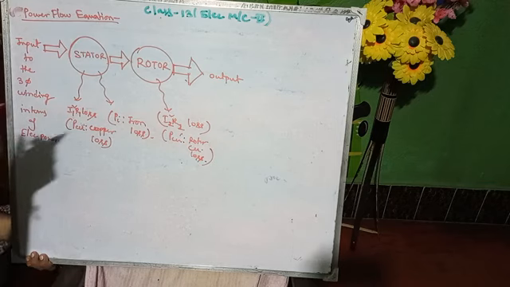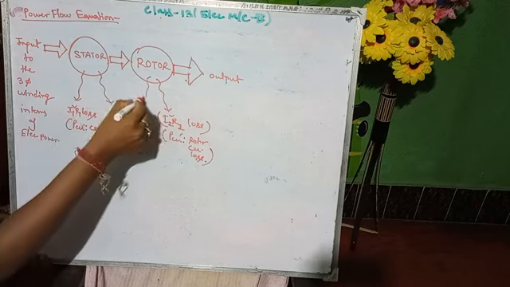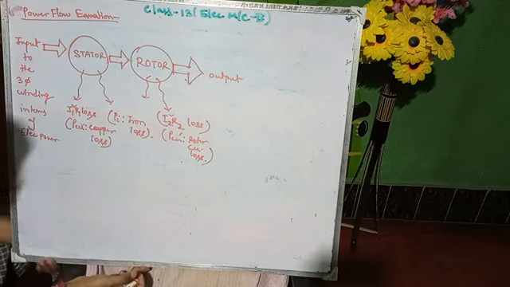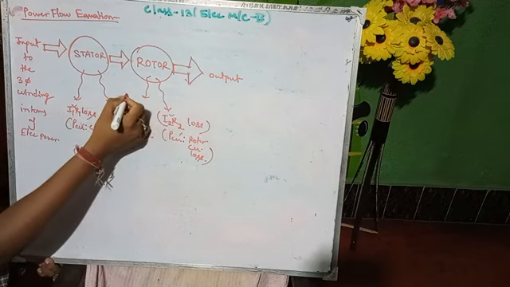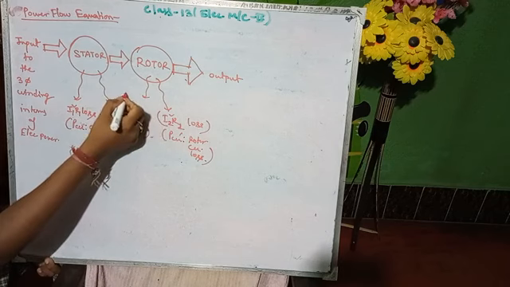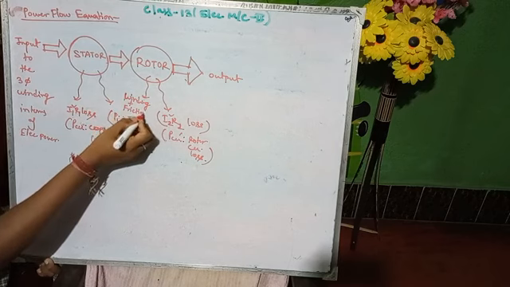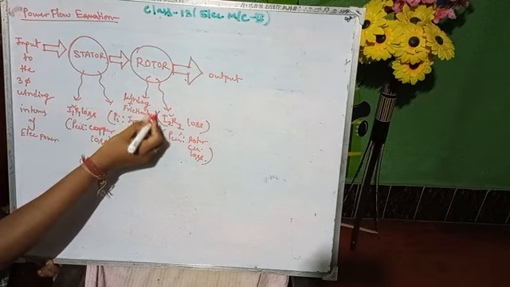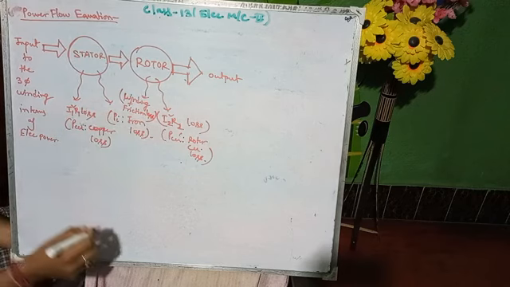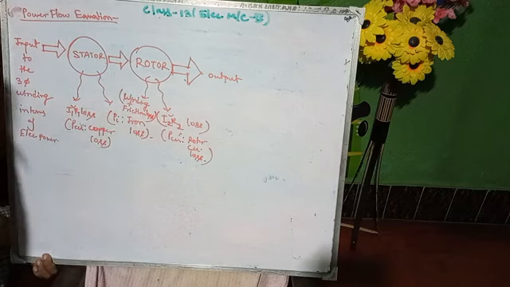And from the rotor there is another type of loss, which is called the winding plus friction loss. So there are lots of losses.